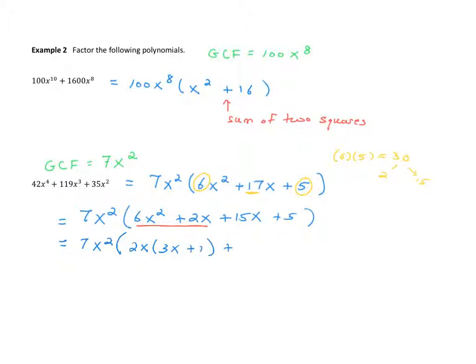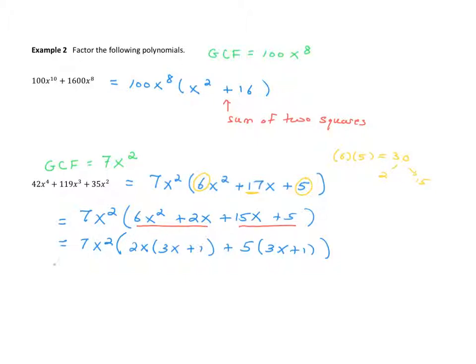Now I'm going to do the same thing for the last two terms. The greatest common factor is a 5, and this is important, it leaves me with a 3x and a 1. For this process to work, this and this have to be identical once you go from this step to this step, because now you can factor out 3x plus 1 from the first and last terms. So I'm going to take this out and write it here.